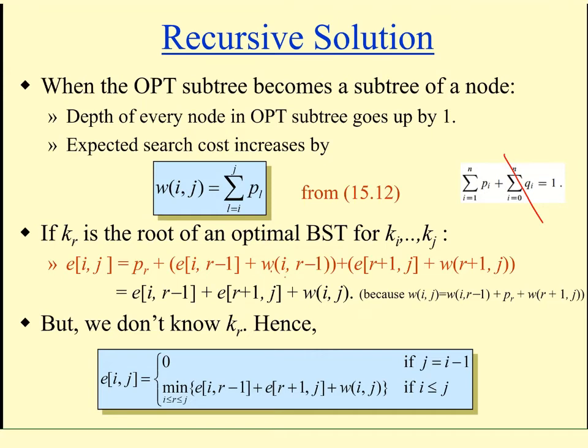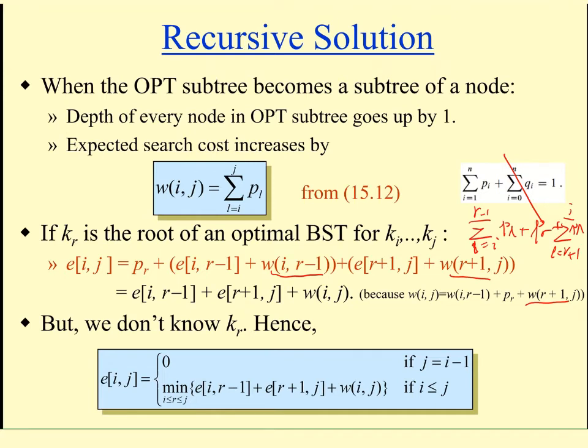So this one, based on this one, we already know this is like a sigma from i to r minus 1, and then p_l, and then we put a p_r in between. Right? And then the next one is sigma l from r plus 1 to j, and then p_l.